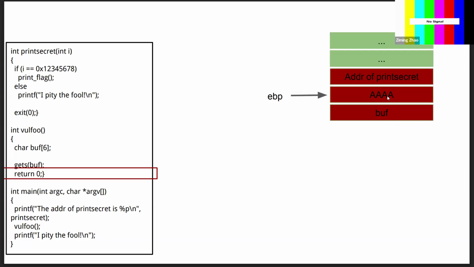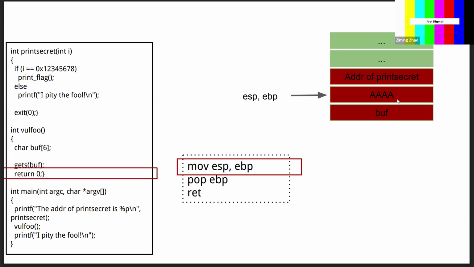And this one, let's say we overwrite it with 4 bytes of uppercase A's, because that's garbage. We don't really care what we put here, right? But that matters here. Now, at the epilogue, the first instruction is move EBP to ESP, so both EBP and ESP point to this place.